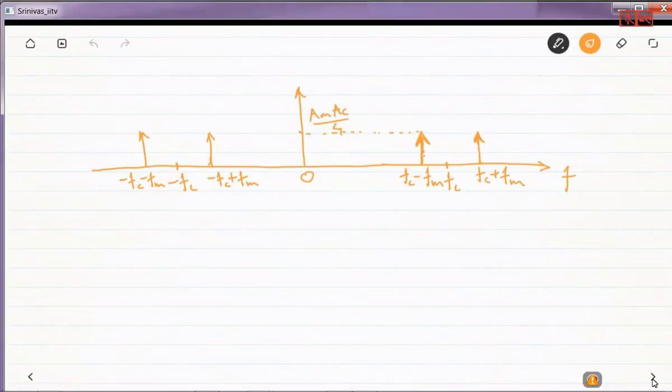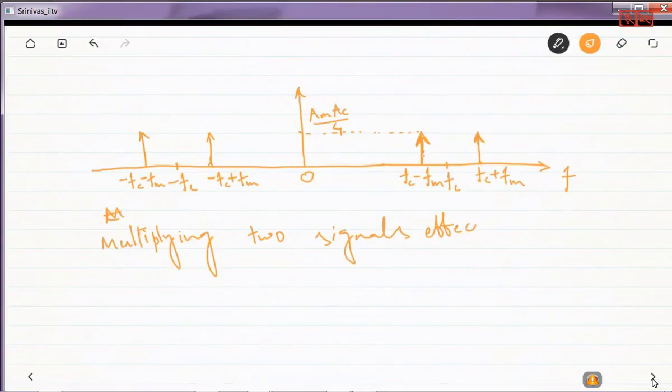So I want to conclude here that multiplying two signals can effectively perform frequency translation.